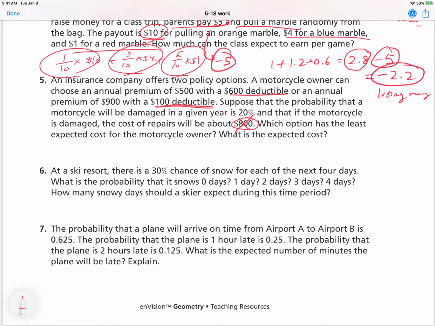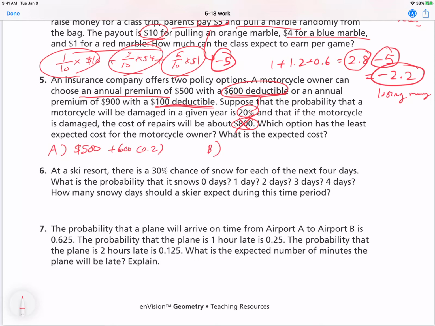Let's consider insurance premium A, where you're paying $500 of a premium with a $600 deductible, which means only about 20% of the time when you get into an accident, this is what you have to account for. So it's 600 times 0.2.